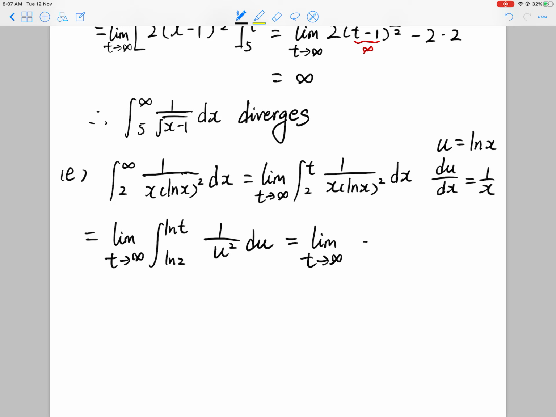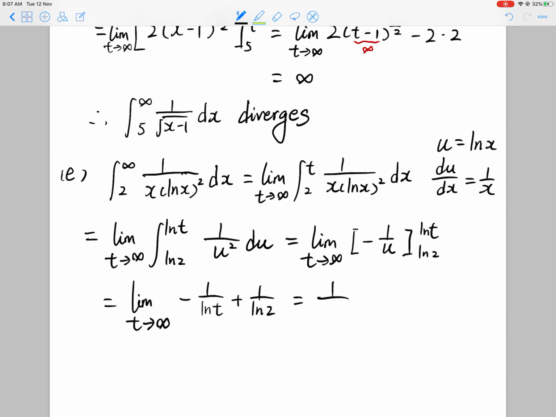So it's negative 1 over u from ln 2 to ln t, so it's negative 1 over ln t plus 1 over ln 2. As you can see, when t is approaching infinity, this is approaching 0, so the answer is 1 over ln 2.